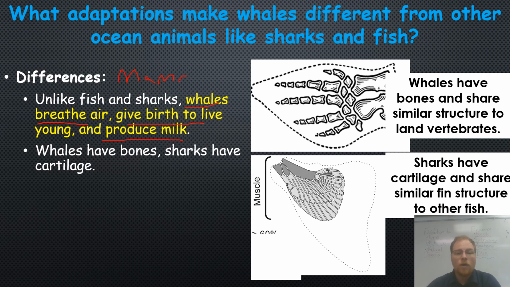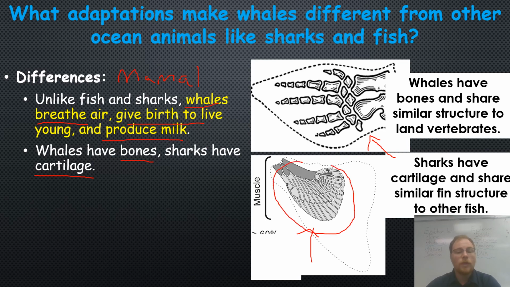Whereas sharks are actually more closely related to fish. Whales have bones in their fins, whereas sharks have cartilage. And you can see right here, the bones inside of a whale almost look like a hand, because they have a similar structure to all vertebrate animals on land. Sharks, on the other hand, have fins filled with cartilage, and these aren't actually bones at all.